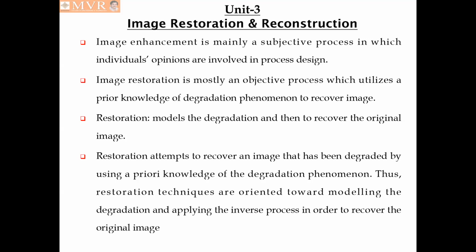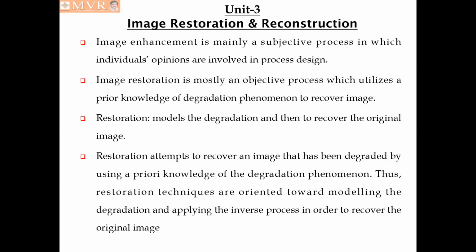That is, we need to achieve a good quality of images. So by means of image enhancement, if you want to achieve a good quality of images, then we need to take a subjective process. That is, we need to take the individual opinions. Based on the individual opinions, we need to design the process.